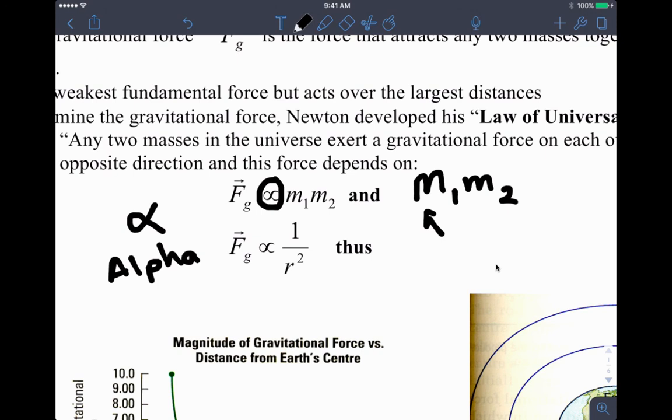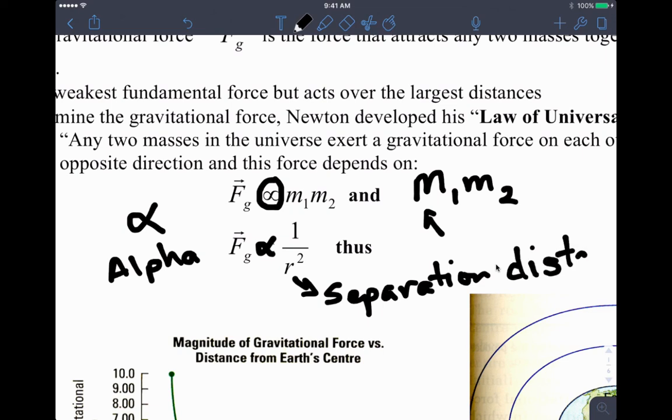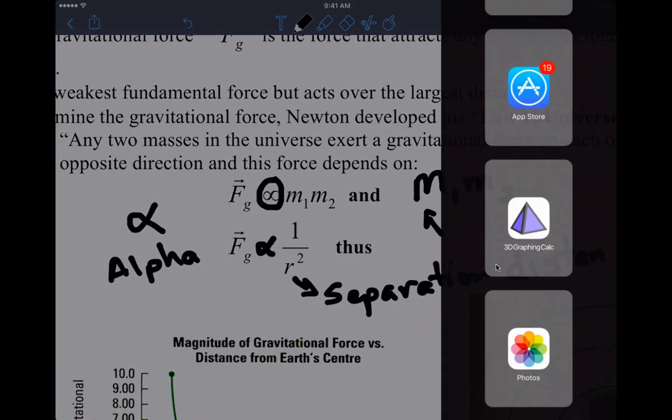Now, Newton also came up in his observations with another expression, and that is that the force of gravity is proportional to 1 over r squared. R is the separation distance, and that's from center of mass to center of mass.